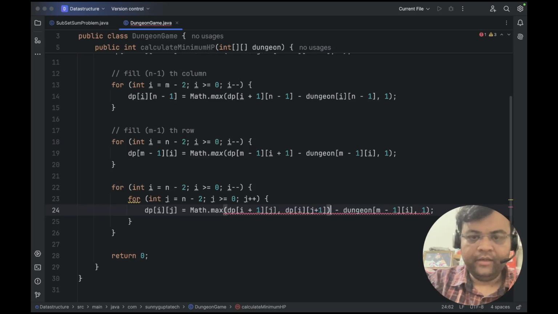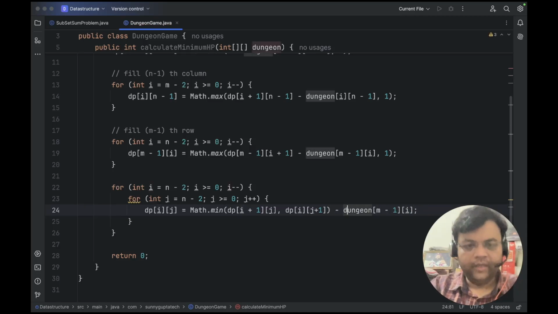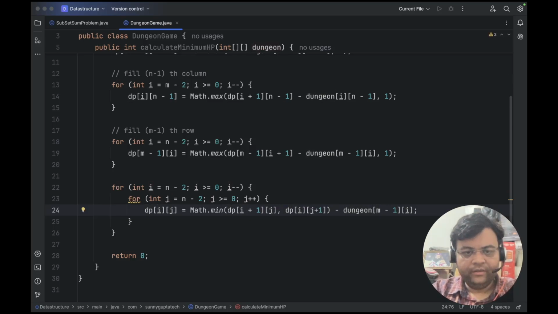I'll take the minimum of these two and subtract this. If my minimum minus this is negative, or less than 0, it will be 1 then.